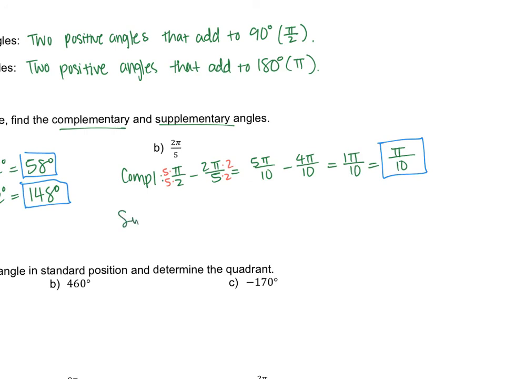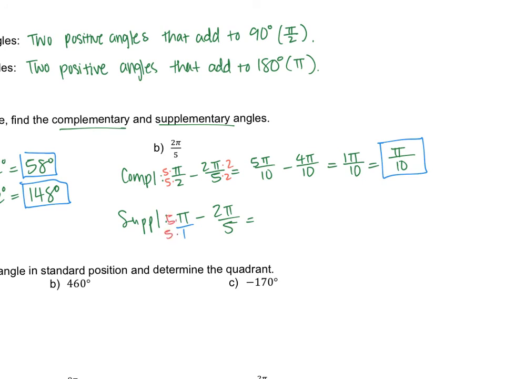All right, for supplementary, I'm going to be taking pi, or in this case, 180, and subtracting from it my 2 pi over 5. And again, you want to get common denominators, so you can force this to be over 1. Pi over 1 is still pi. And then to get a common denominator, maybe it'd be easy just to multiply this by 5 since the denominator is 1.